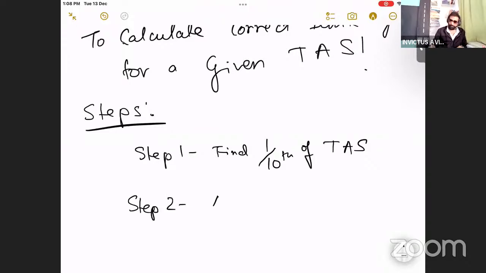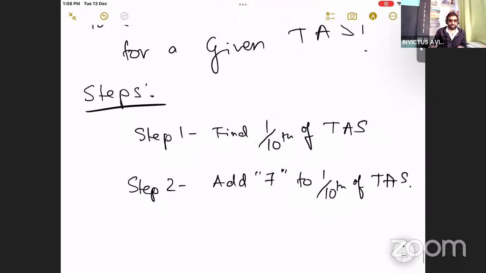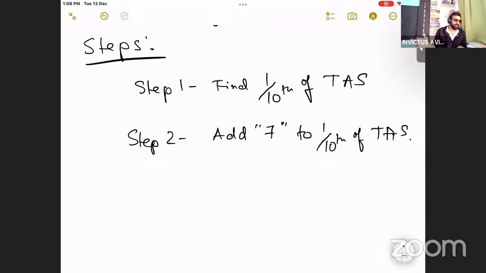Step 2, add 7 to 1/10 of task, जो भी आपको ऊपर मिला है. Okay, 7 is the key number here. Okay, never forget this number. ये कहीं और से नहीं आएगा और ये आपको, I'm not sure if CX3 has this function. You will have to cross check.